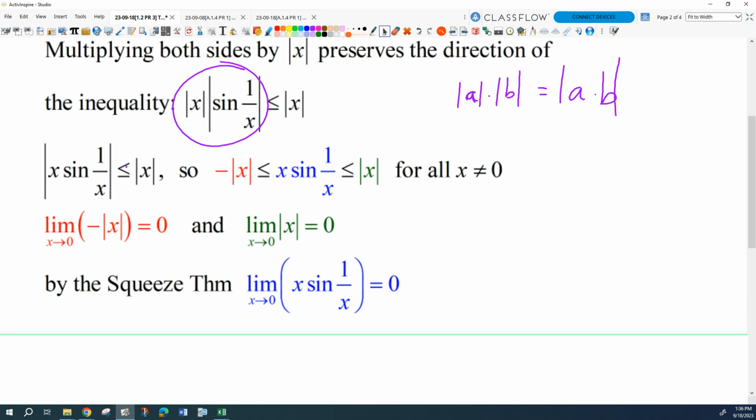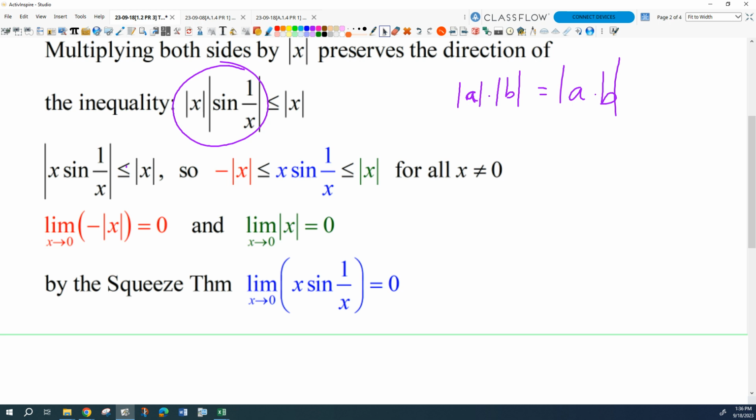If I just evaluate that directly, what do I get? 0, right? No big deal. What is the limit of the positive absolute value of x as x approaches 0? 0. But look what we had here.